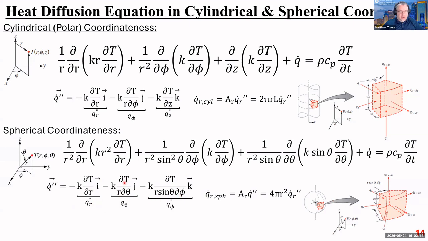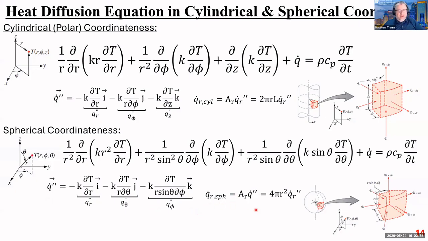And so we've got to take 1 over r here and then 1 over r sine theta here to get the units to work out correctly. But ultimately, these are just an r, theta, and phi component of the total heat flux. We add them together and then we get the heat flux, so heat per unit area.